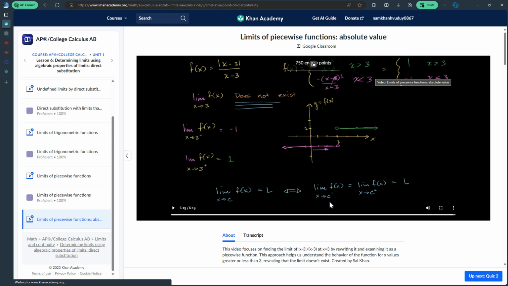We can say approaches c, so we should consider what the result of f of x is if x is larger than 3 and if x is smaller than 3. If it returns the same result, then the limit does exist. But if not, then vice versa, it doesn't exist, like he said.